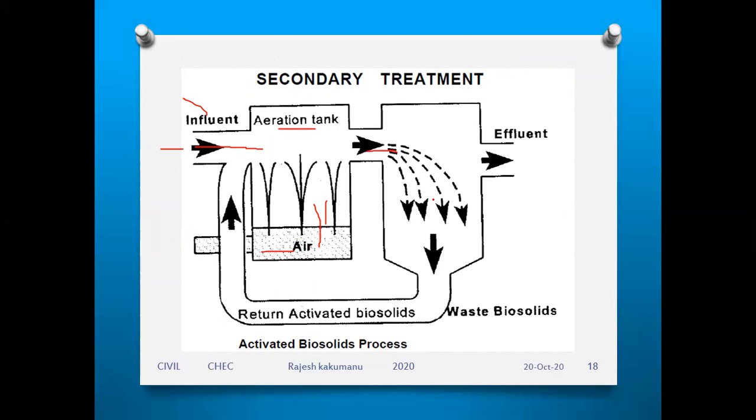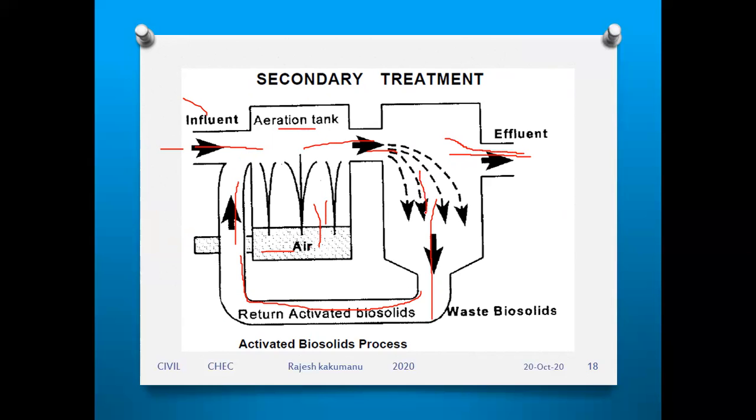The suspended solids, whatever sludge is present, settle at the bottom, and the balance of the treated water goes in this direction. Again, the sludge is taken in this way and comes back to the same aeration tank for further treating of the water. Thereby the treated wastewater comes out as effluent.